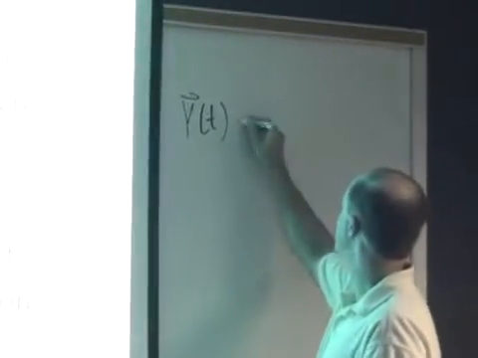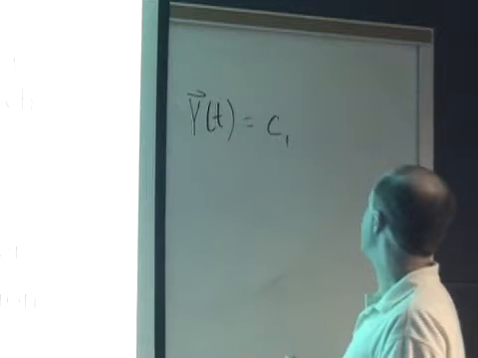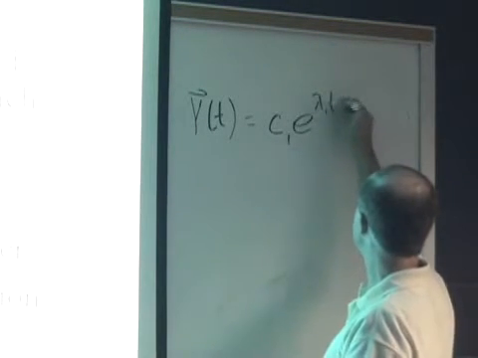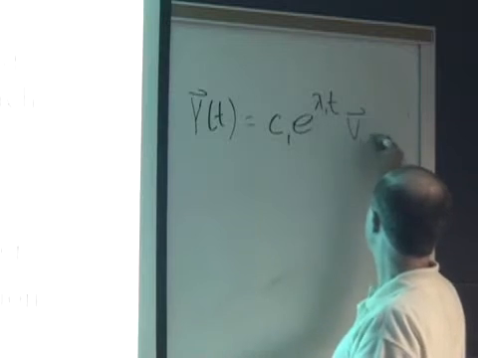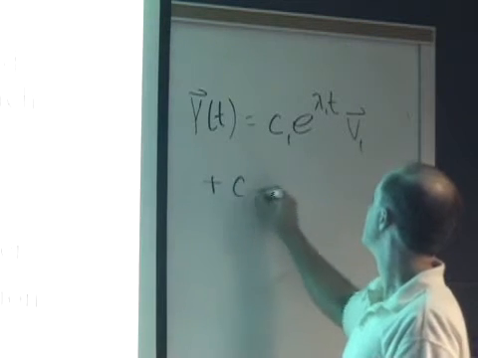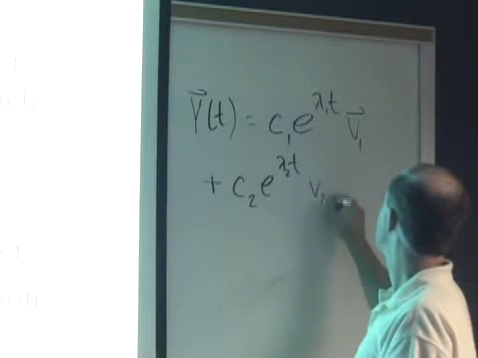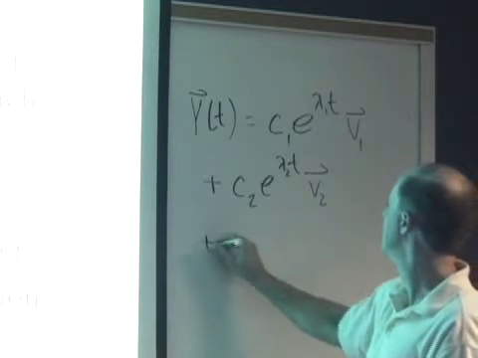Y of t will equal an arbitrary constant, call it c1, times e to the lambda 1 t times the vector v1, plus c2 e to the lambda 2 t times the vector v2.